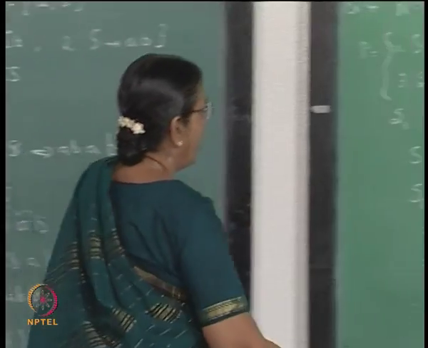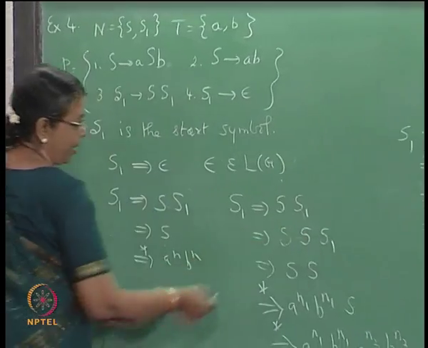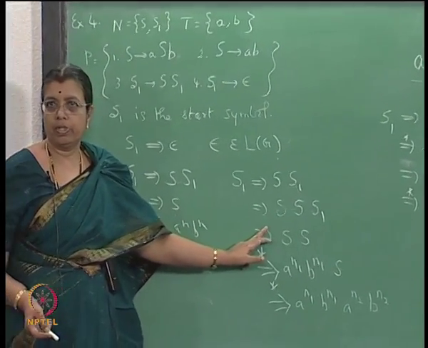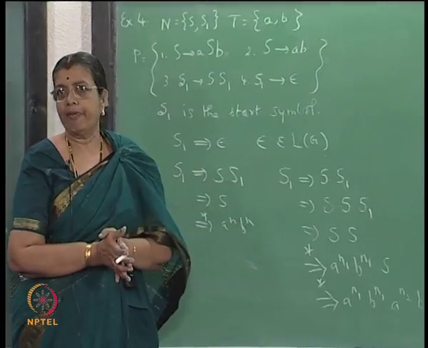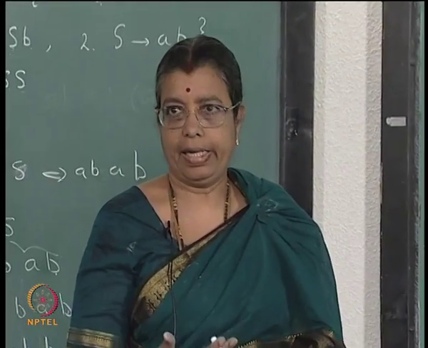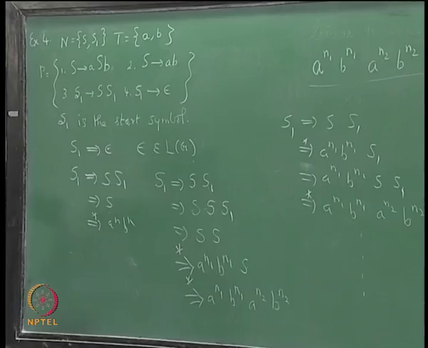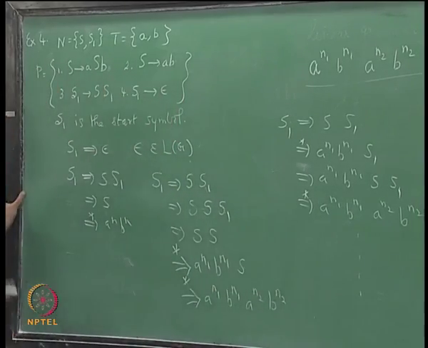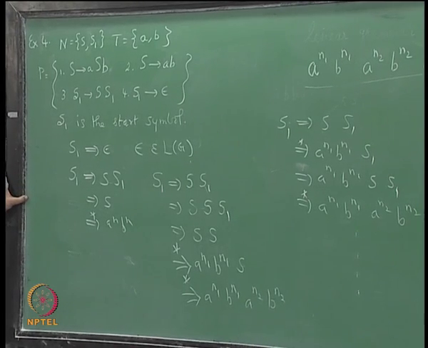In this example I have derived in such a way that you have 3 here, but you could have done it with 2. First derive the a power n b power n from S, then expand the S1. We can proceed like that. So, you can have a derivation in which at every step you will have 1 or 2 non-terminals only, not more than that.